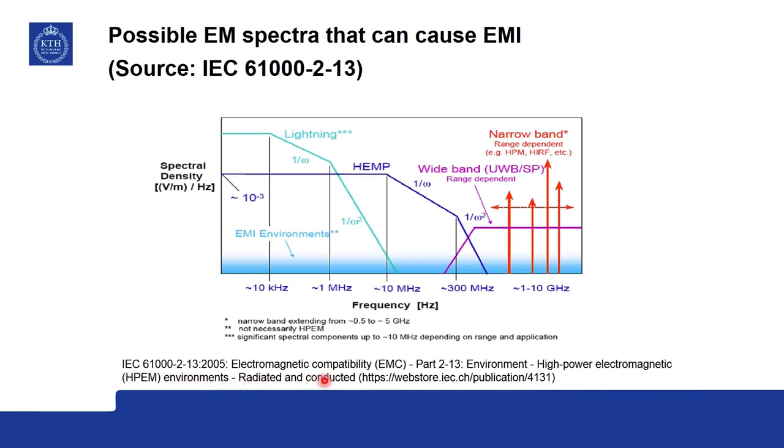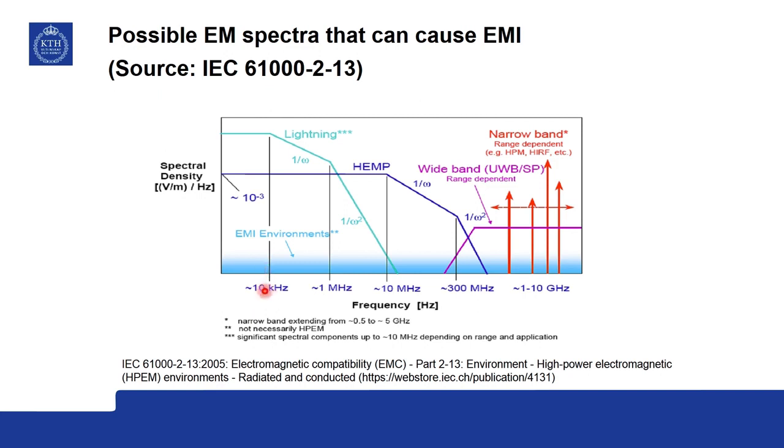The details of the standard are given here: Electromagnetic compatibility, part 2-13, defining the high power electromagnetic environment, radiated and conducted. This is a website, but even though this particular standard is talking of high power electromagnetic interference, the spectrum here covers the complete frequency spectrum of radio waves, and this is the spectral density.